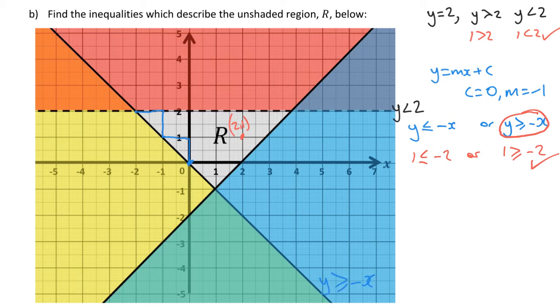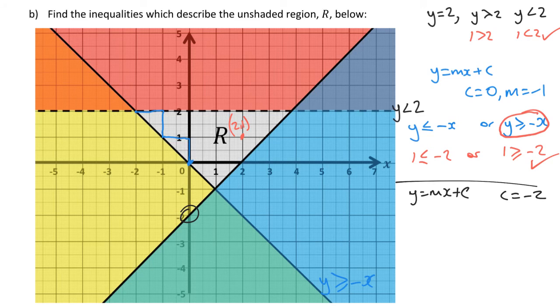We then need to look at the third line, and that's the one that slopes up the way. And what we can see, again, it's going to be of the form y equals mx plus c. The gradient, or the intercept, is minus 2, so we know c equals minus 2. And then we need to work out the gradient.